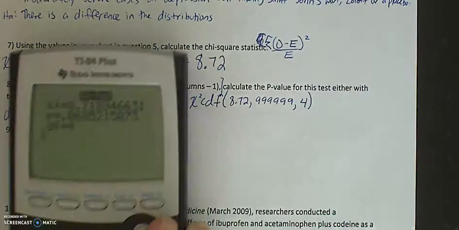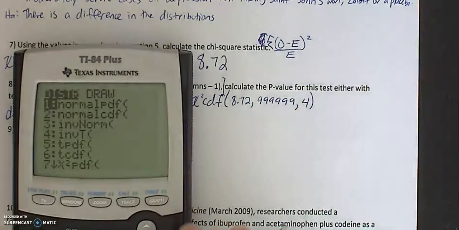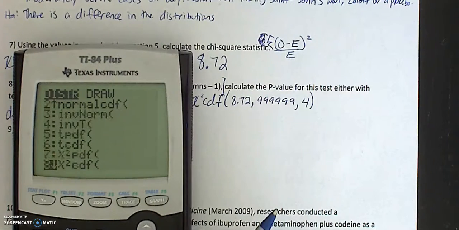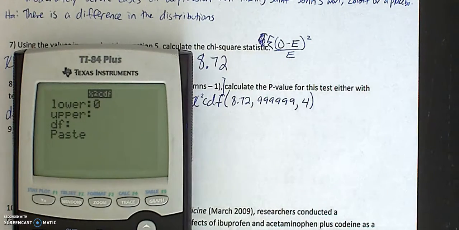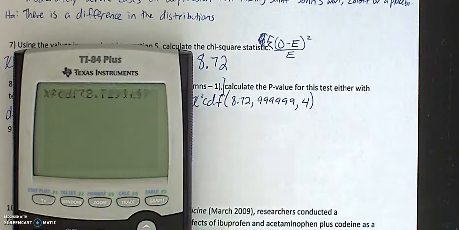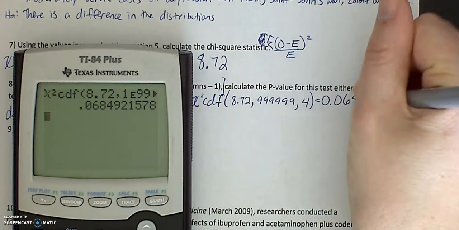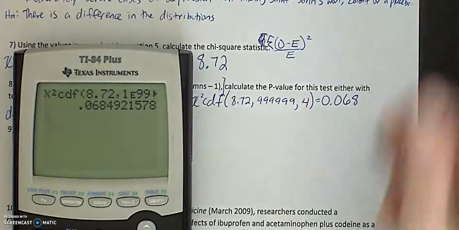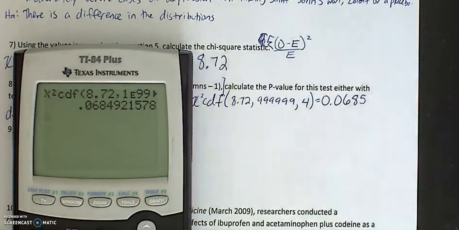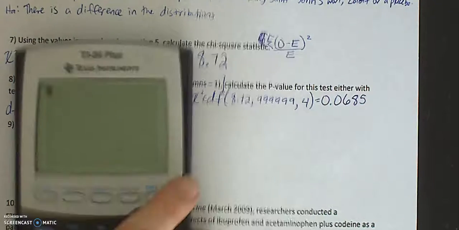So if I were to do that, second VARS, go down to chi-square CDF, lower is my chi-square, upper is a big number, and the degrees of freedom was 4, and it gives me 0.0685. Let's go to 4 decimal places, which is what the calculator told me before.